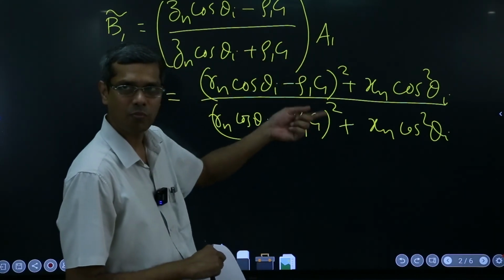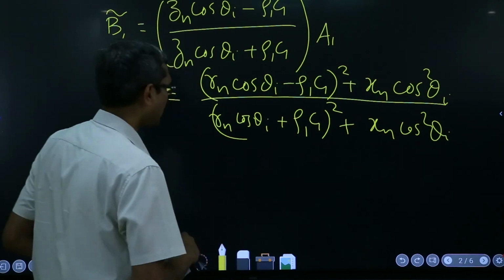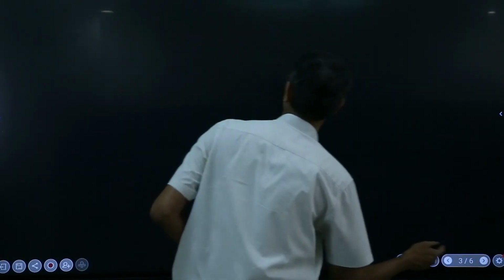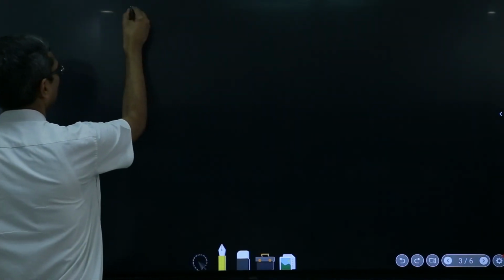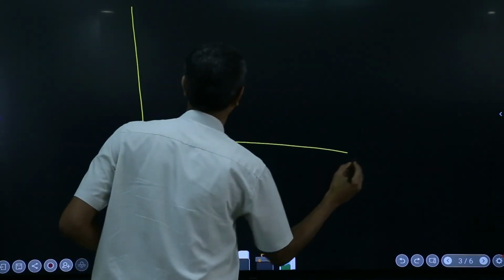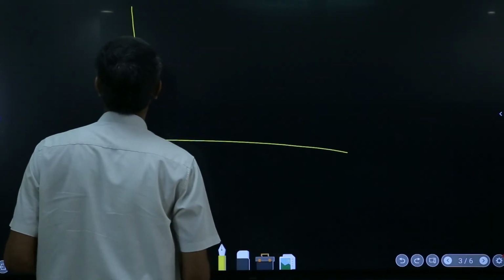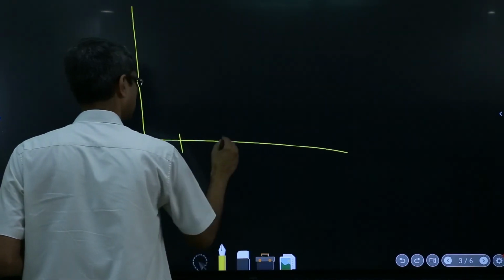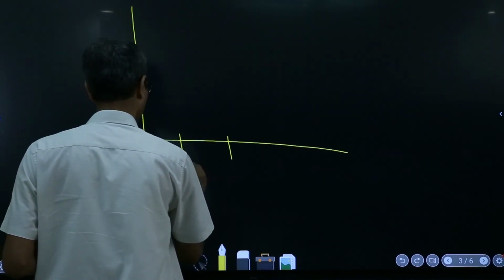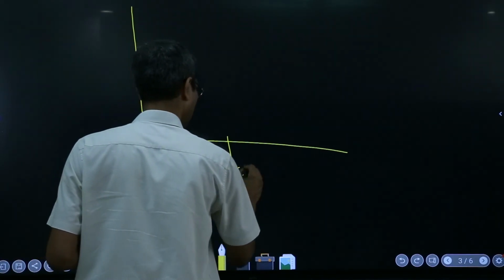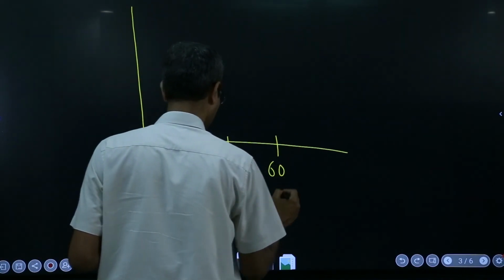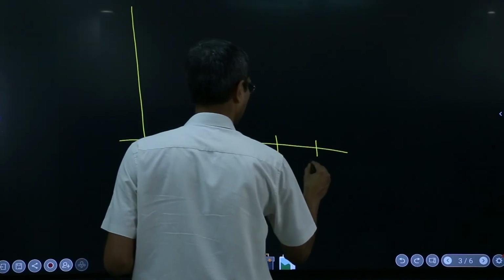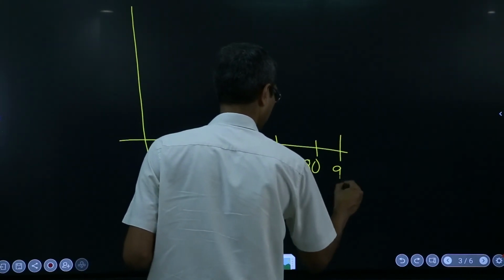So that will give you a minima in the curve, and those will be representative curves. I am just trying to draw. So on this side, your angles, say this is 20, 40, 60, etc. Okay, 80 and 90.